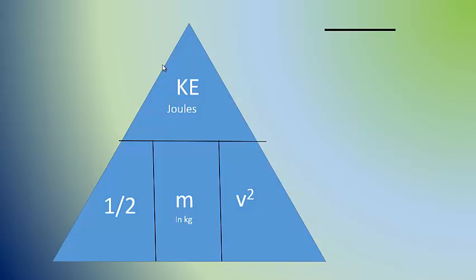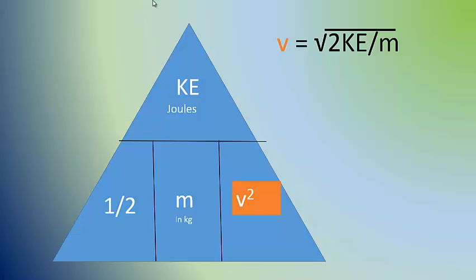Now, there are times we'll have to solve for our velocity, and this is going to be our trickiest formula, but don't worry, we're going to get you through it. Velocity equals the square root of 2KE divided by M. Now again, this looks a little daunting, but don't worry, we'll help you through it.